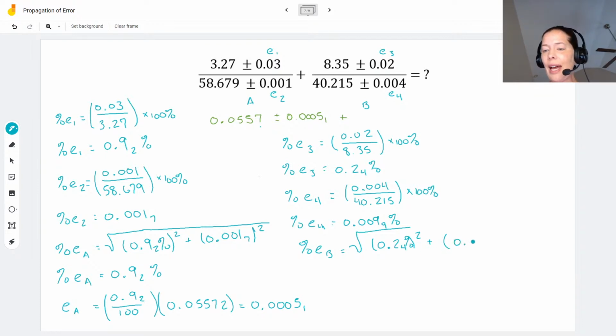I have done that. You do all this work and you realize that your numbers are wrong. It's very frustrating. Okay, so that is squared. I'm going to add them together and then take the square root. So my percent error in term B, hold on, let me find that calculation. Here it is.